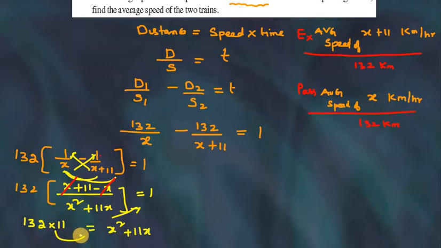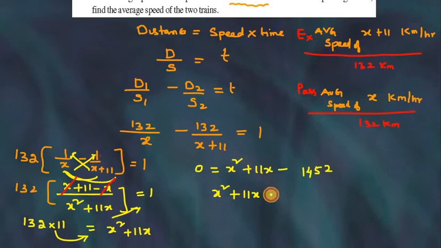If I take all these terms inside, you will get 0 is equal to x square plus 11x minus the product of this, which is 1452. Just multiply 132 by 11, you get 1452. If you solve this sum, you will get the value of x. So if I rewrite this one, x square plus 11x minus 1452 is equal to 0.